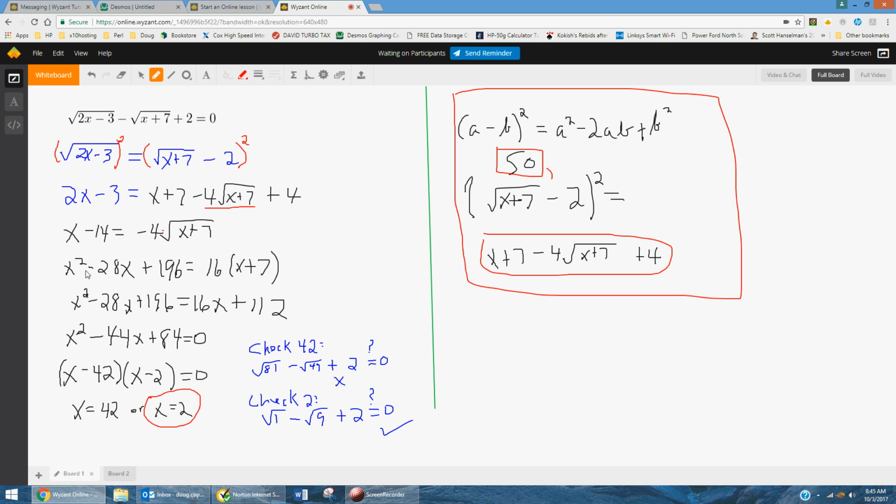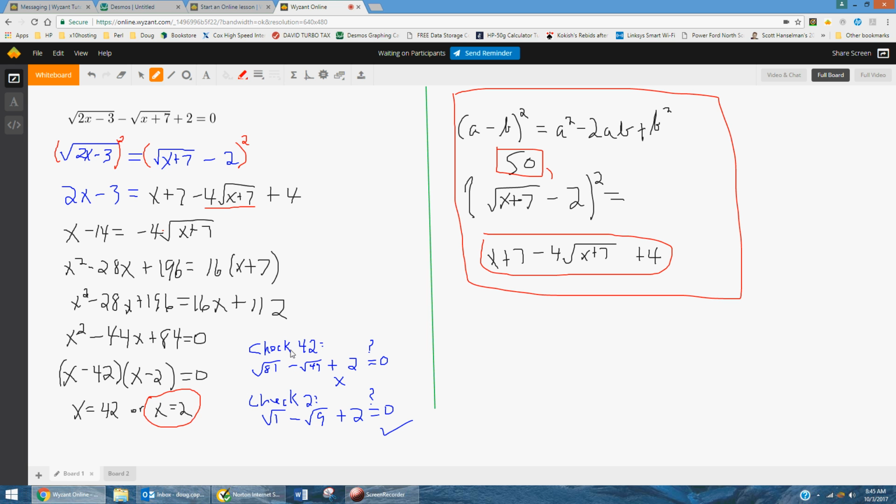Now I got a quadratic equation, and I simplify, set it equal to 0, tried factoring, and it does factor into x minus 42 times x minus 2. So my possible choices for the original radical equation are 42 or 2. But I have to check both of them to make sure one or the other works.